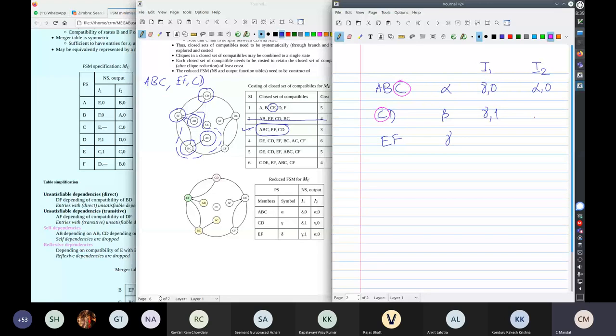So C and D. One second. I've called it gamma. Why have I called it gamma? This is a little strange. I am going to CD. So I think it should be beta, and the output should be 0. So what you see is that I think there's a mistake here.